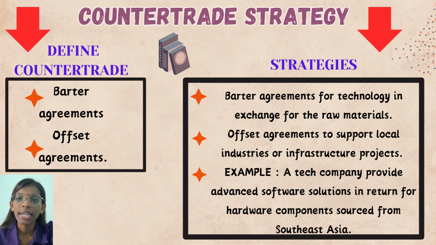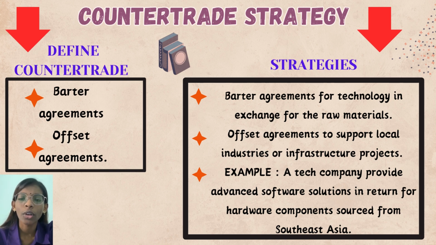Next is the counter trade strategy. Counter trade can be an effective strategy for entering the Southern Asian market, especially where local currency or trade barriers are a concern. For instance, a technology company could engage in barter agreements, exchanging software solutions for raw materials or hardware components from the region. Offset agreements are another option where the company agrees to invest in local infrastructure or industry as part of the trade deal.